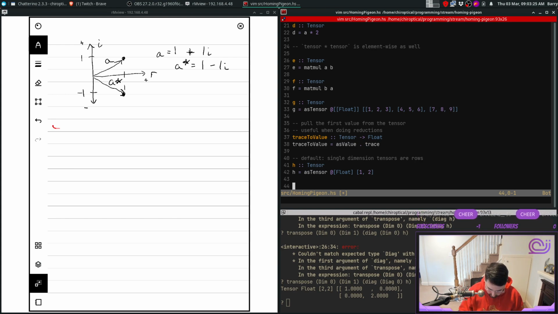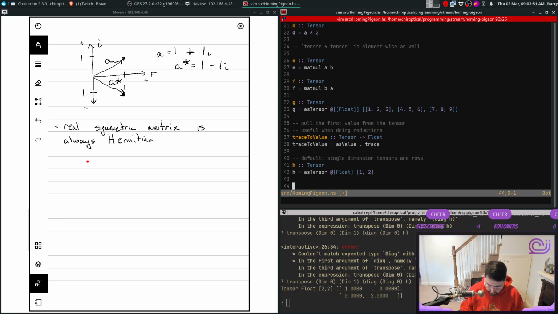Okay, so real symmetric matrix, because it doesn't have an imaginary number, it's always Hermitian, right? A real symmetric matrix is always Hermitian because the complex conjugate doesn't change the real number, right?